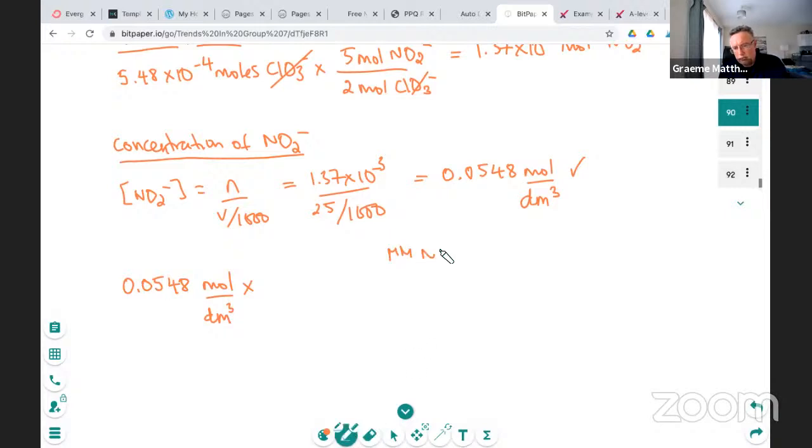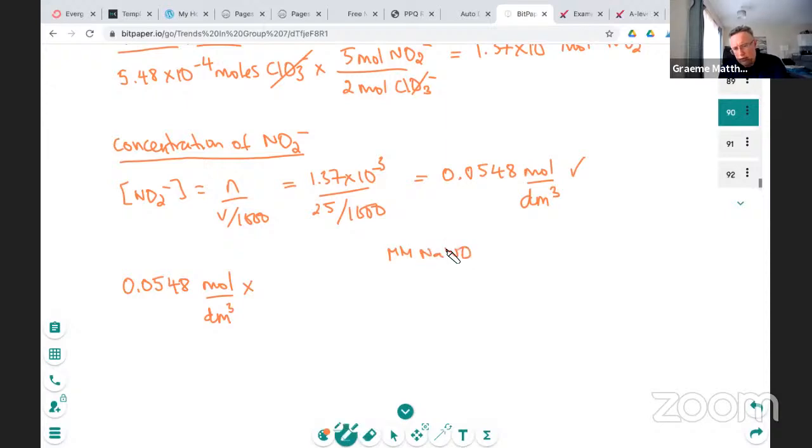Let's see, 16 times 3 is 48, and 48 and 14. Anyway, we want the actual concentration at the end, so it's got to be sodium nitrate.